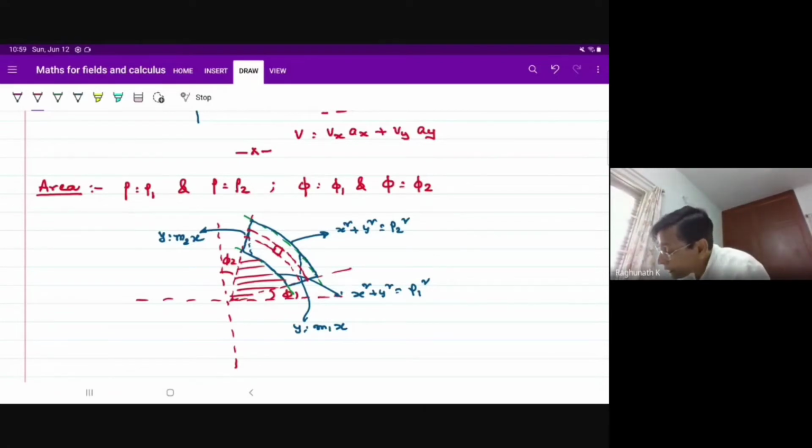Such strips are taken from rho 1 to rho 2. That is one order. The other order is what? Take such strips at the same phi from rho 1 to rho 2, and then rotate that strip from phi 1 to phi 2. Check for the clarity.